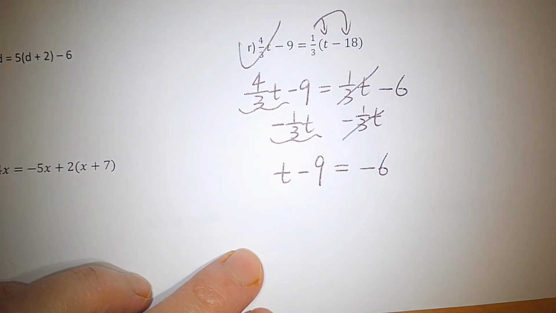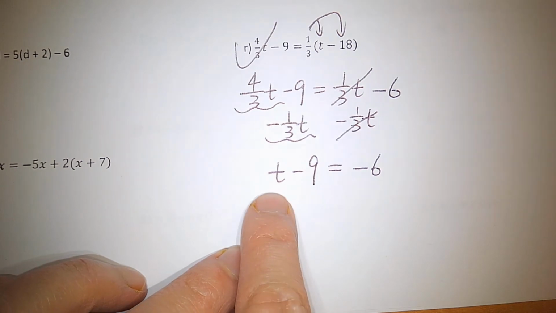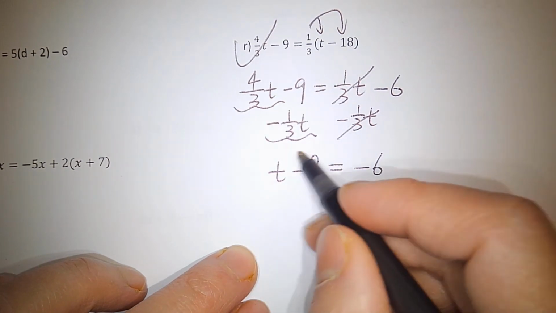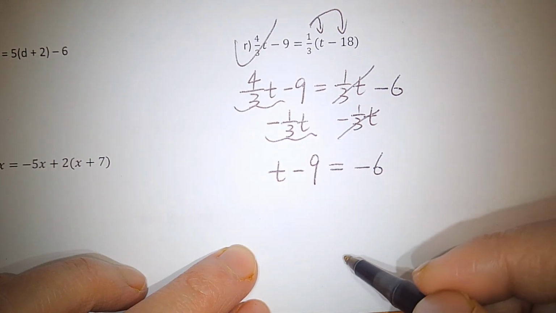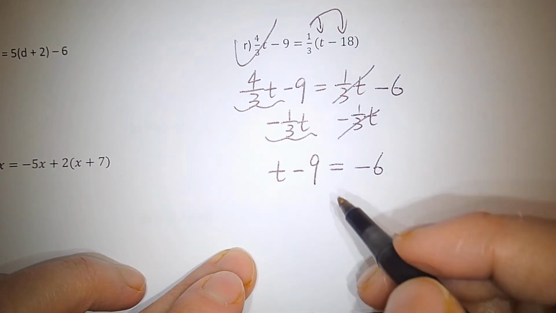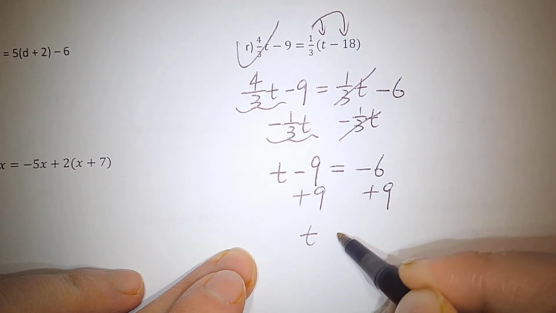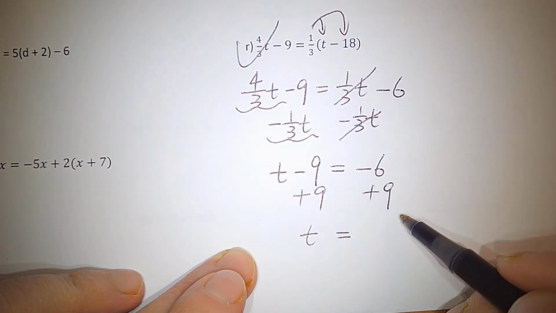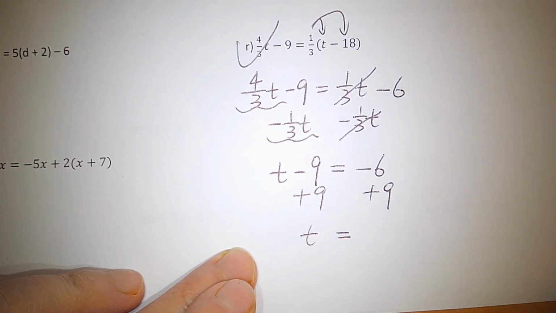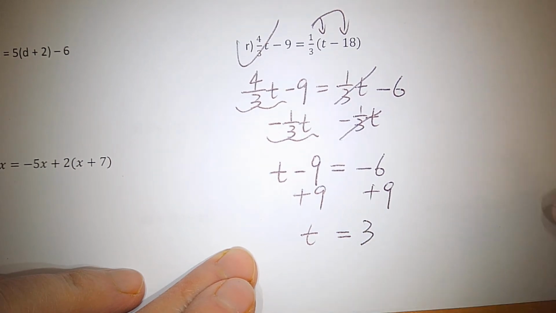Are we done with the question? We want to solve for t, so what should we do? How do we get rid of the negative 9? Add 9 to both sides. So t equals negative 6 plus 9, which is 3. Okay.